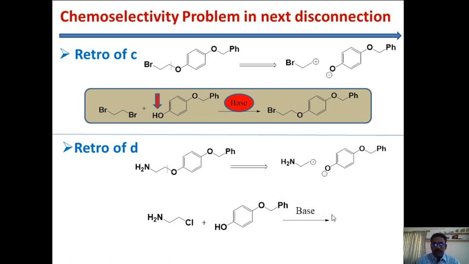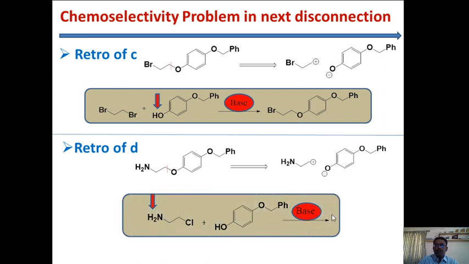If you treat these two reagents, here you have two acidic protons. After the bond breaking, you are left with two synthons. When you write down the synthetic equivalents for those synthons, you will end up with these two reagents, one amine and one alcohol.